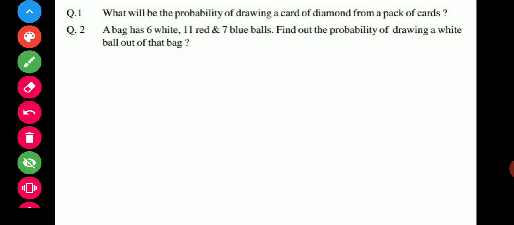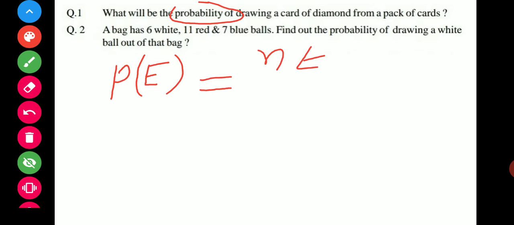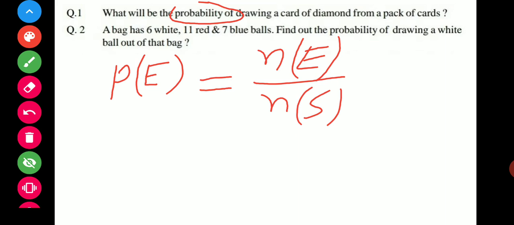Probability is defined as PE, and PE is equal to the number of happening events, that is NE, and the number of total events which are happening or not happening, that is NS. So how can we find the NE and NS in your questions?